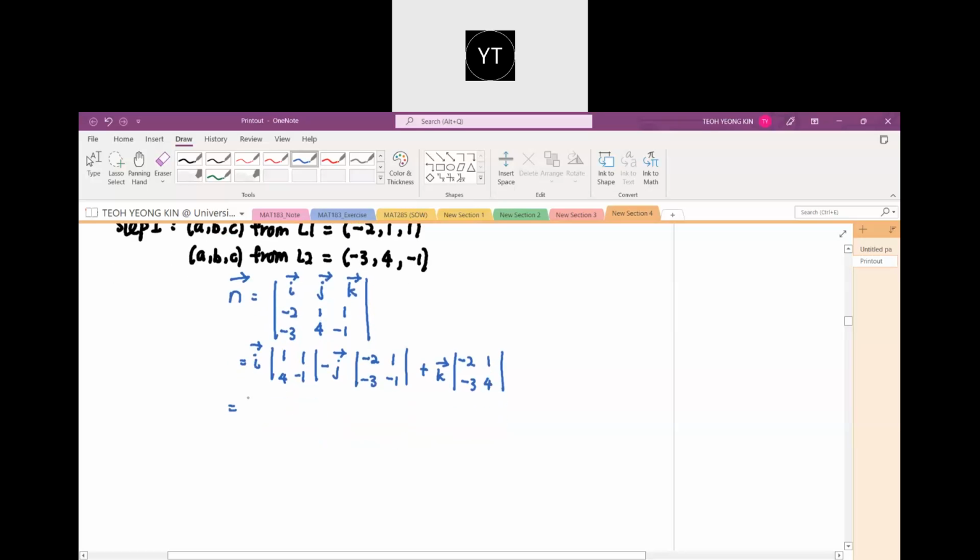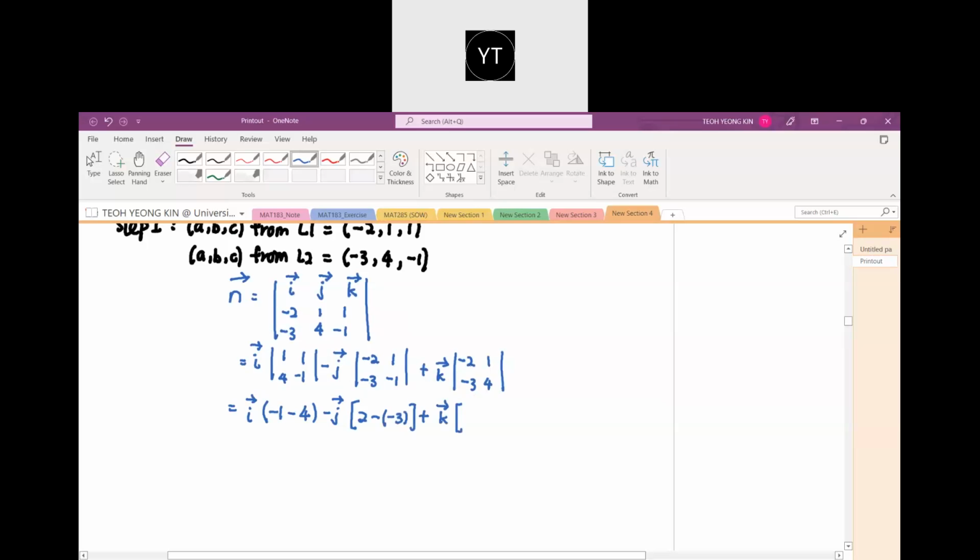So from here, I is 1 times negative 1, negative 1, minus 1 times 4, 4. Minus j, and for this one I have to use a square bracket: negative 2 times negative 1 is positive 2, minus 1 times negative 3 is negative 3, plus the vector k.